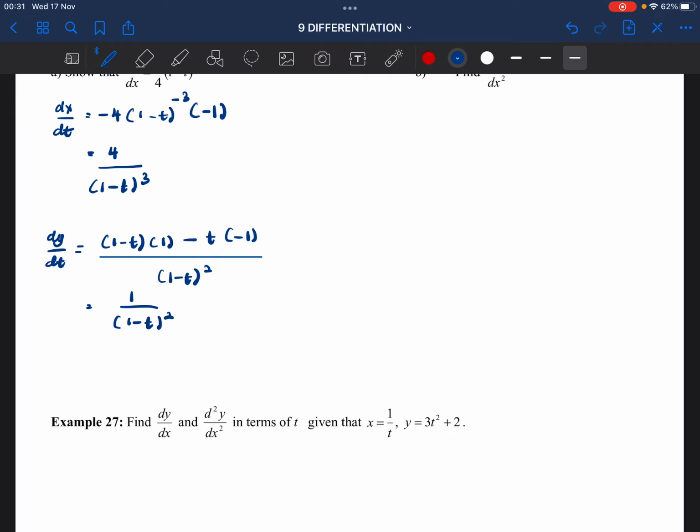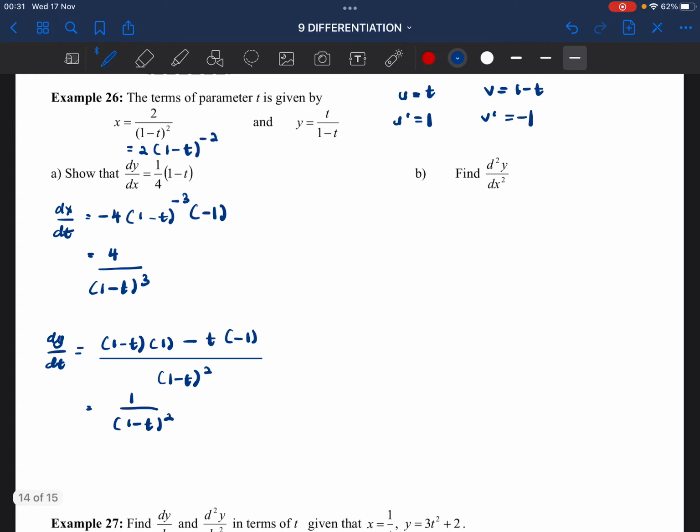Alright, so now we just substitute into the formula. dy over dx. Saya tulis sini lah. So to find dy over dx, we just substitute into our formula or our chain rule, dy over dt multiply by dt over dx.